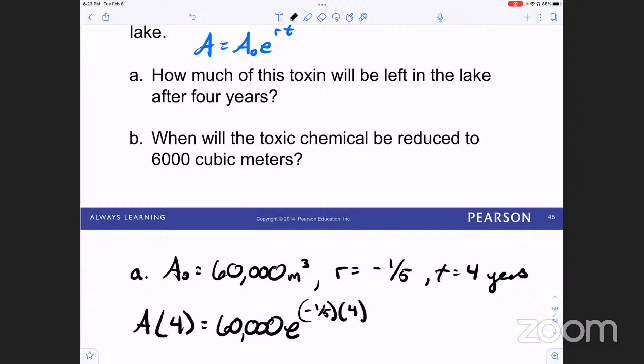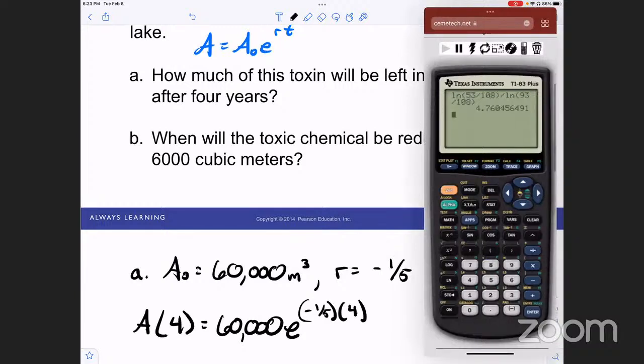Right. Because I was a little bit hesitant, should it be positive or negative? I mean, negative makes more sense because we're decreasing the amount of this thing. Let's go ahead and do the negative, 60,000 times e to the power of a negative, let's do it like this, parentheses 1/5.